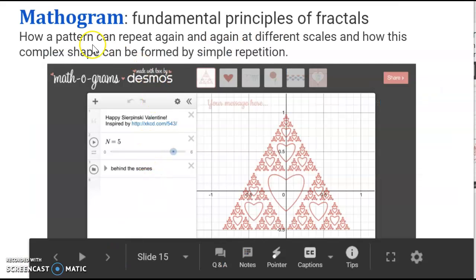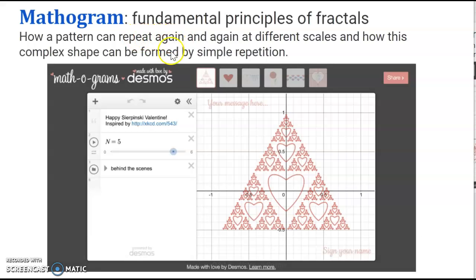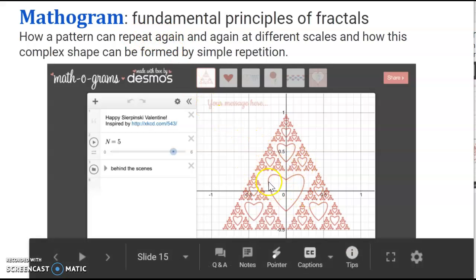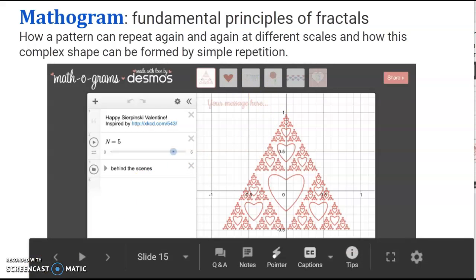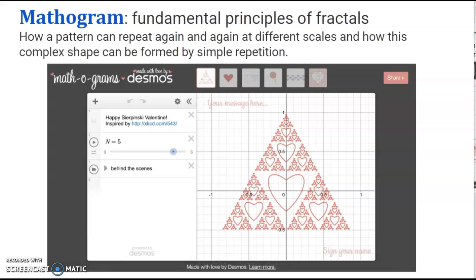And with that, I want to leave you with a mathogram. It's a fundamental mathogram. This is a fractal, a picture of a repeated pattern over and over again at a different scale, and how this complex shape can be formed by a simple repetition. So let me show you the mathogram, because Valentine's is coming up and it's pretty cool math stuff.